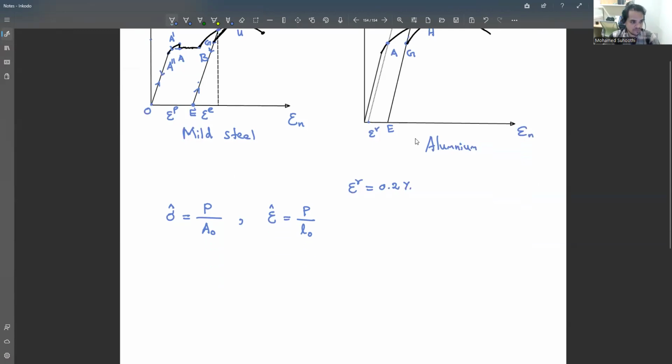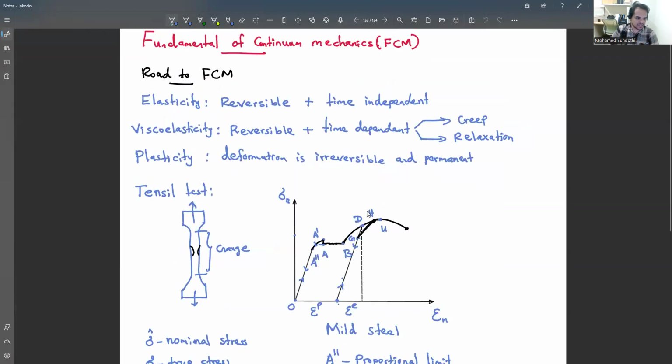Someone can keep the force as P but not use A naught, because the material gets elongated and the cross-section will vary, right? If instead of the original cross-section we use the true cross-section at the time of load application, then we get true stress.